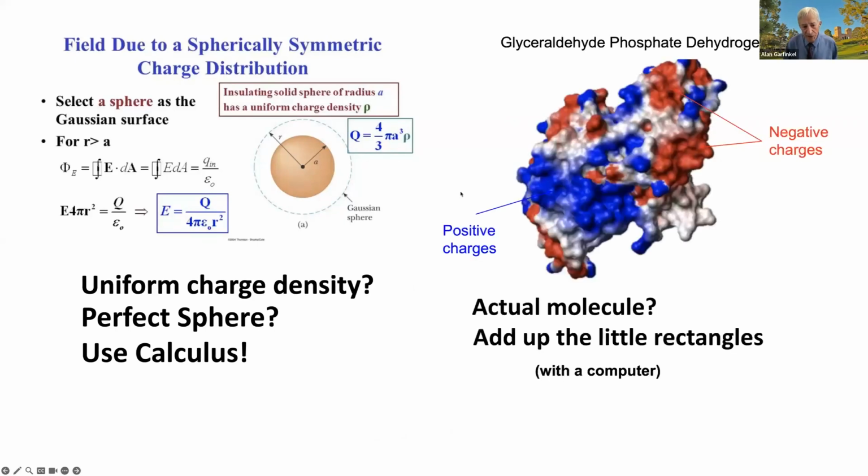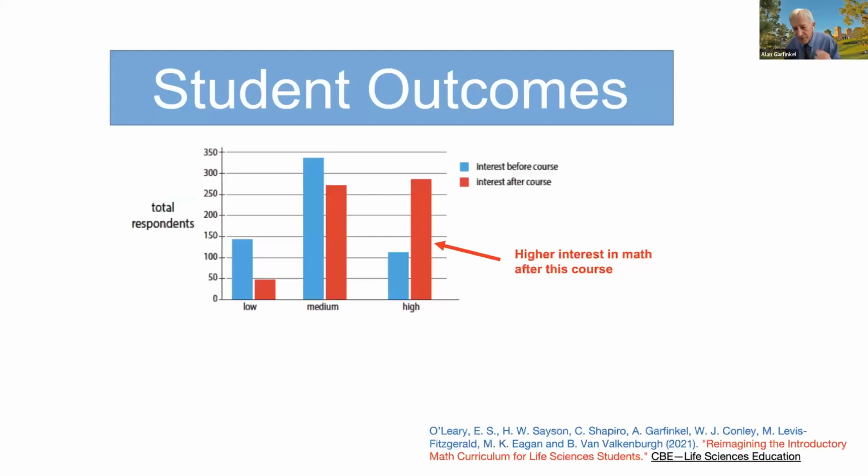Then the student takes a biology class and they look at an actual molecule and they want to get the field due to the charge distribution, and the only answer is add up the little rectangles. So that's our class and the outcomes.